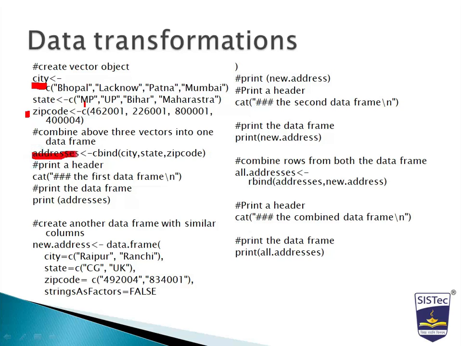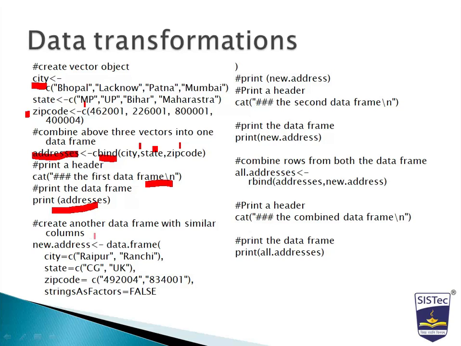So we create addresses and combine them using the function cbind, where city, state and zip codes are found. Then we print a header. So the first data frame is printed, and in the first data frame we print the addresses value.